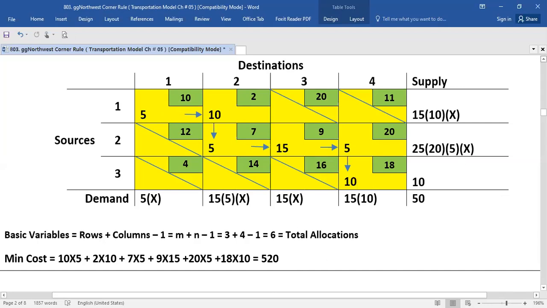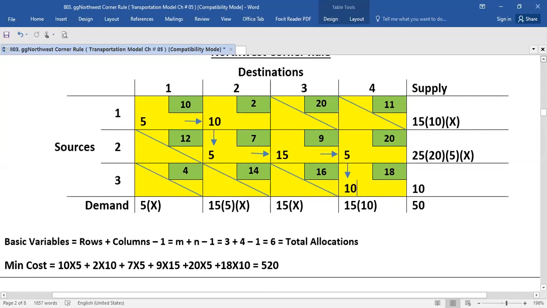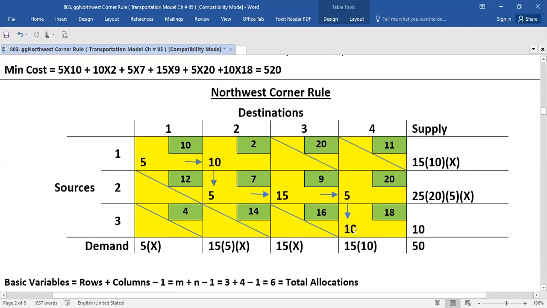You see that you have 6 allocations. These are our basic variables. And the blank cells are the non-basic variables.